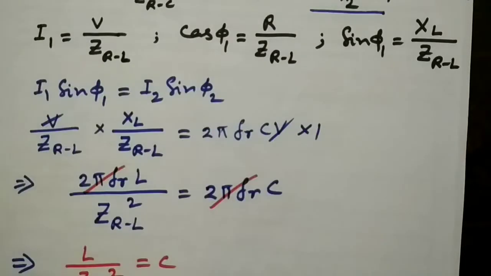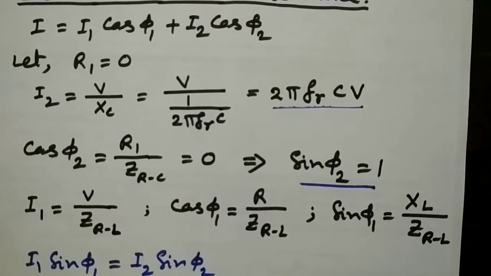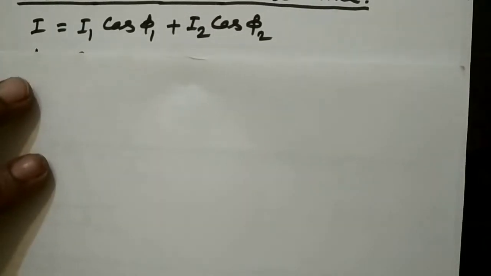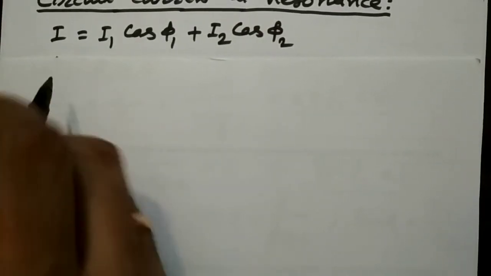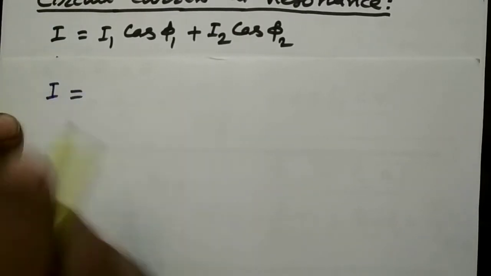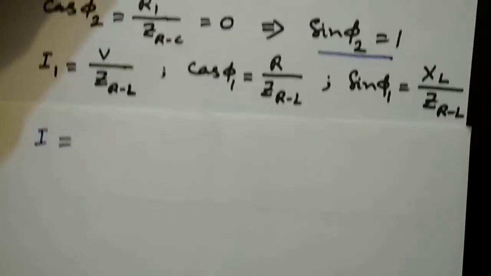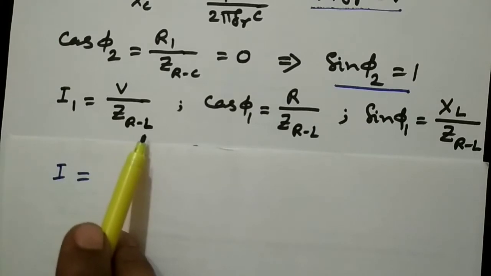Now see the total current of the circuit that we have written initially. That is I equal to I1 cos phi 1 plus I2 cos phi 2. So now we will find the value of I. The value of I1 was V upon ZRL.